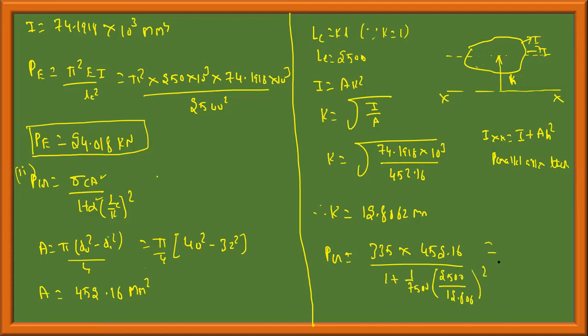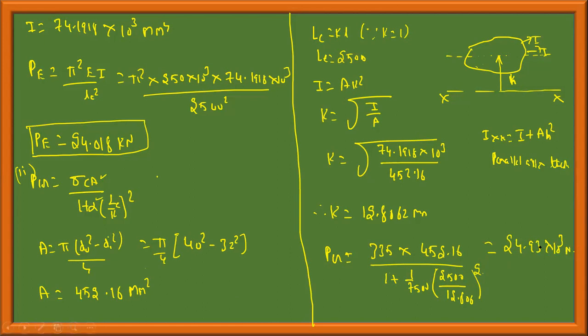Can you tell me this? 24.93 what? Kilonewton, into 10 power 3 Newton.